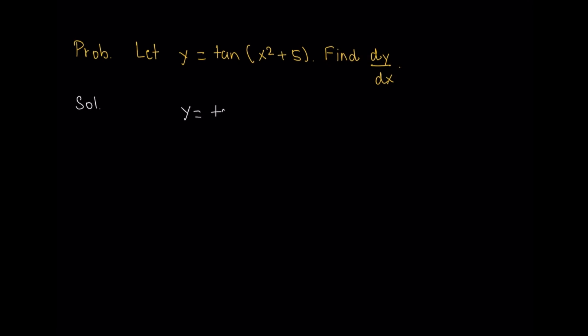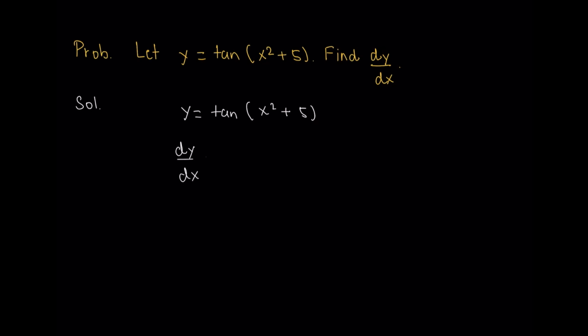Let's meet our last example, in which I'm going to try to sum up all the theorems we have learned so far and practice. The problem says let y equal tan of x squared plus 5, and I want to calculate dy upon dx. Let's solve the problem. So I have y equal to tan of x squared plus 5.